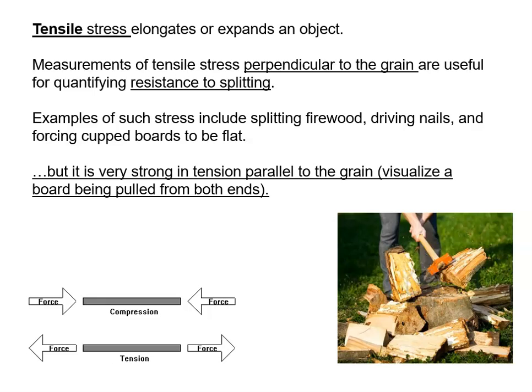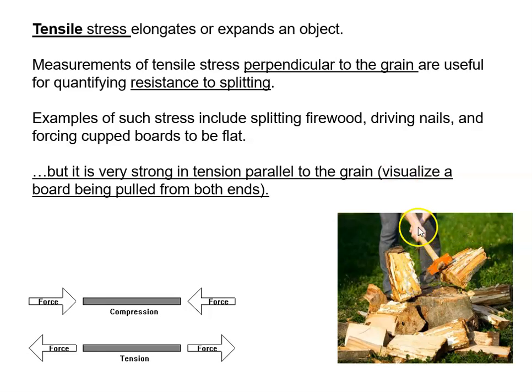Okay, now we are looking at tensile stress, which we know pulls an object apart, elongates or expands it. So here we see tension, right? Two arrows going in opposite directions. So tensile stress perpendicular to the grain quantifies resistance to splitting. An example would be splitting firewood, as we see here. I find this example a little confusing, maybe a little counterintuitive. The previous slide was a little more clear to me.